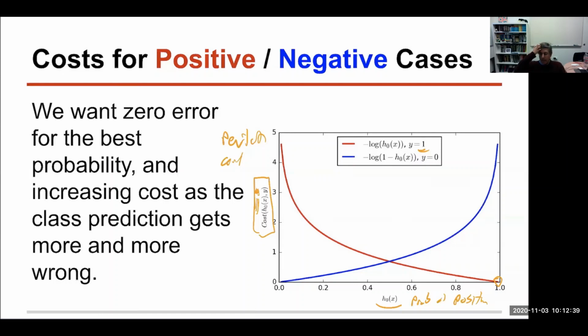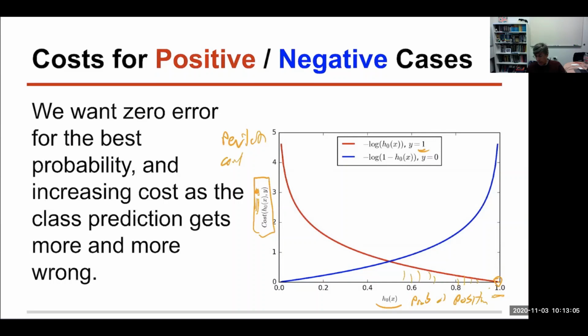The best prediction is if you say that the result is going to be positive, and you're so sure that you assign it a probability of 1 of happening, you should pay no penalty. If you're wrong, you should pay a gradually increasing penalty.